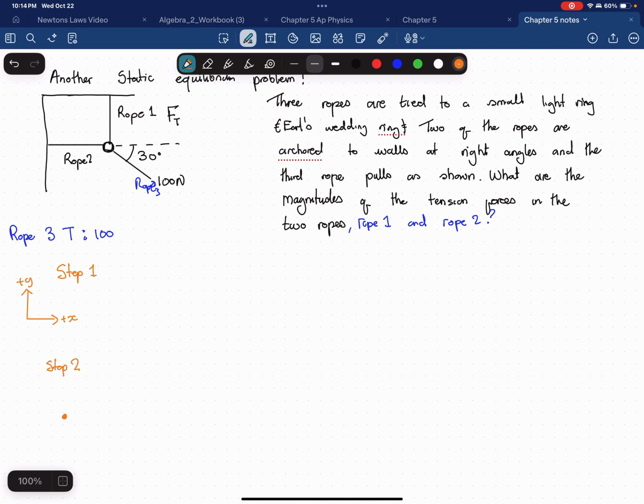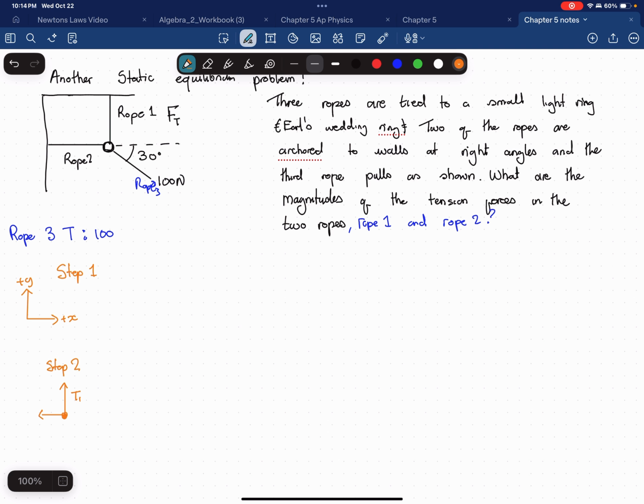So we have T1 tension pointing towards the wall upwards, and then there's a 90-degree angle. Why did this curve? We have a 90-degree angle. Oh my god. I'm really trying, guys. I'm really trying. Okay, that's good enough.